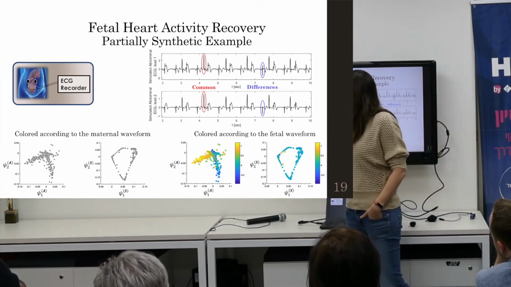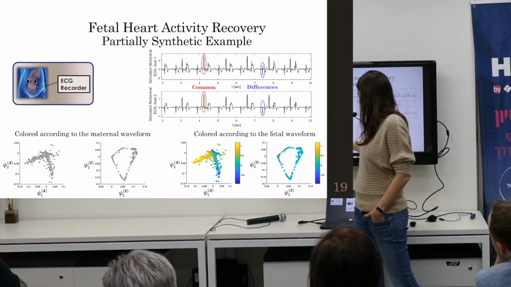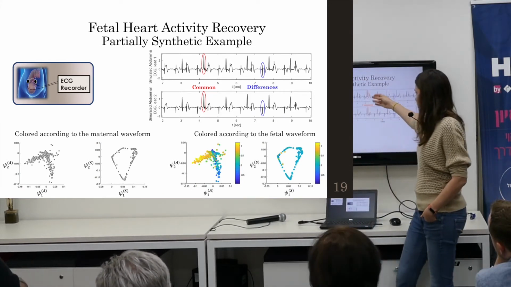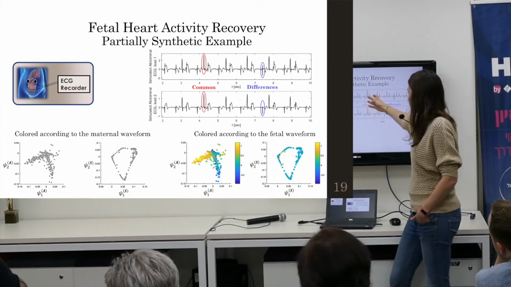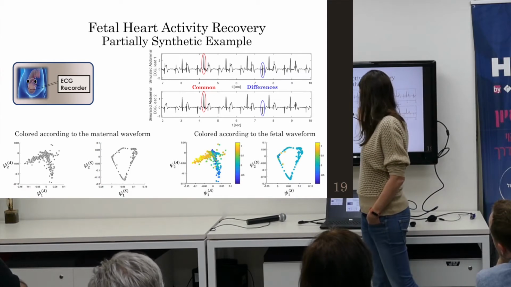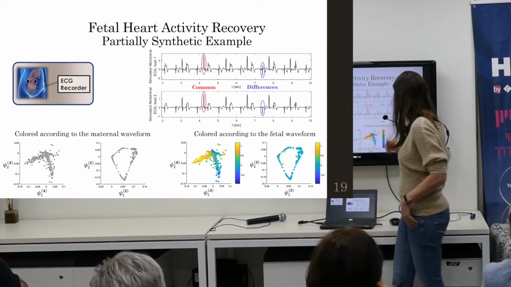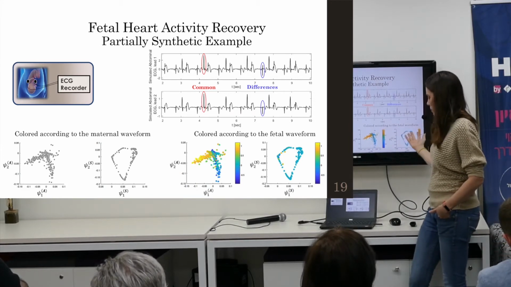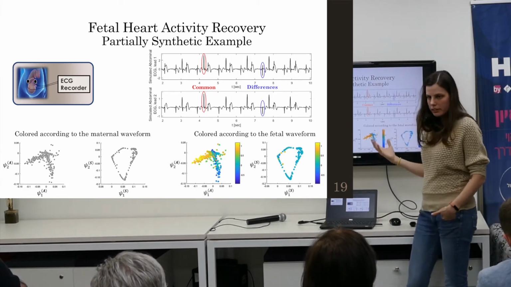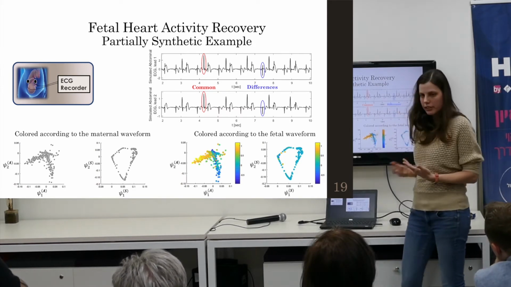For A, it doesn't mean much, but for S, we got a smooth coloring, meaning that these coordinates actually capture the periodic or quasi-periodic maternal heart activity. And when we colored it according to the fetal heart activity, we got this coloring. Now S doesn't mean much, but A smoothly characterizes the fetal heart activity.